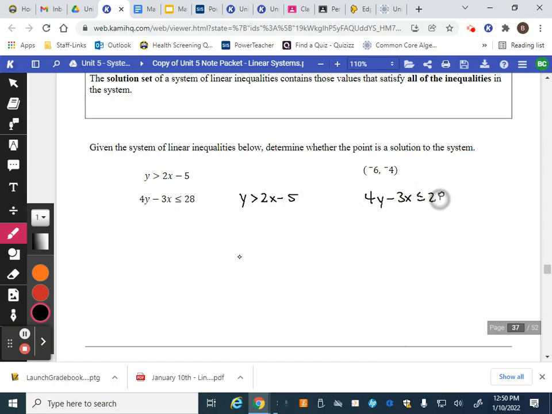So I'm going to plug -6, -4 in. -4 is the y. -6 is the x. And 2 times -6 is -12. -12 minus 5. I'm going to keep change. -4 is greater than -17. That is true.